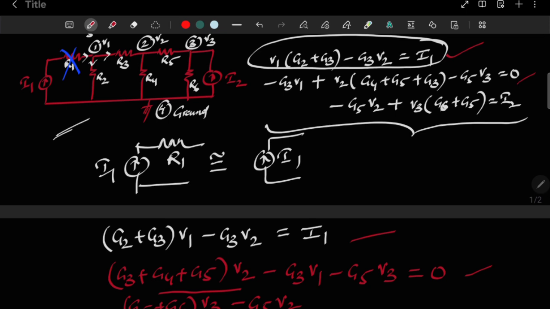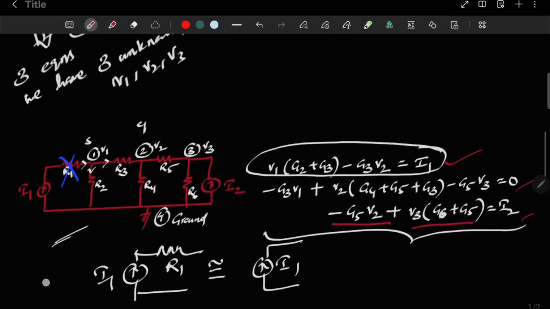Then we have completed the conductances which are connected to node 3, but the independent current source is also connected at node 3. So that is actually an entering current, so I need to take it here, this is equal to I2. Check with the previous equation. We got the same thing. Minus G5 into V2 plus G5 plus G6 into V3 is equal to I3.